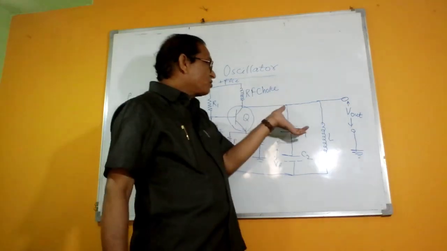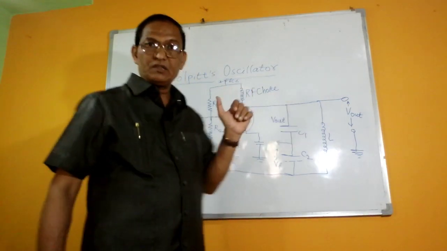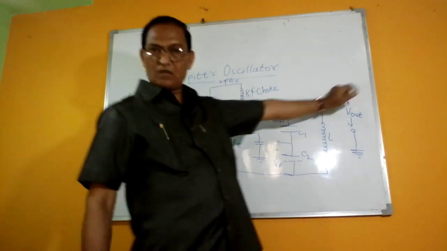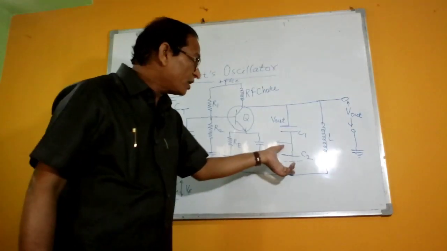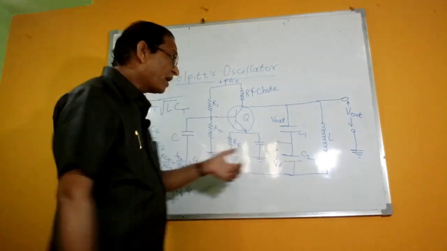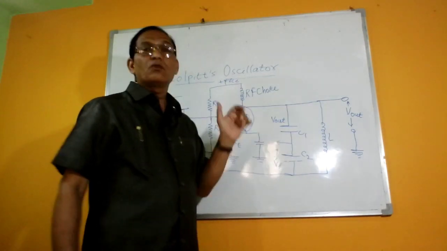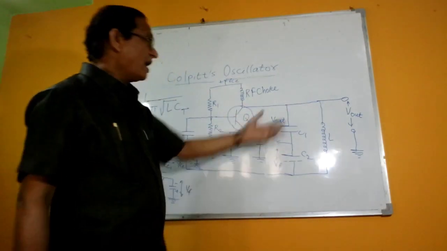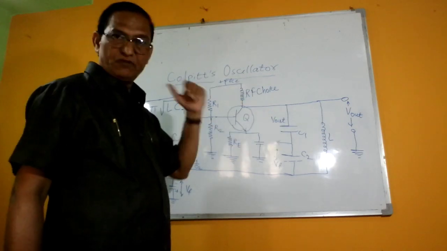Now the voltage developed across the capacitor C1 is the output voltage, and the voltage developed across the capacitor C2 is the feedback voltage. This voltage is 180 degrees out of phase with the voltage across C1.